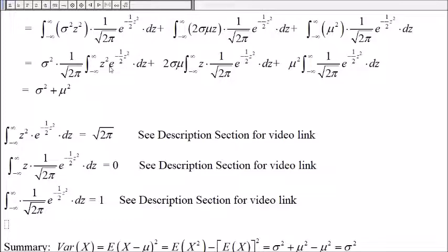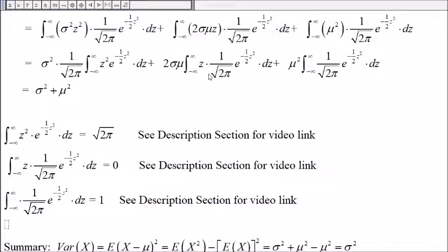Earlier, we showed that the integral from negative infinity to positive infinity of z squared times e to the negative 1/2 z squared is equal to the square root of 2 pi. See the description section for the video link.